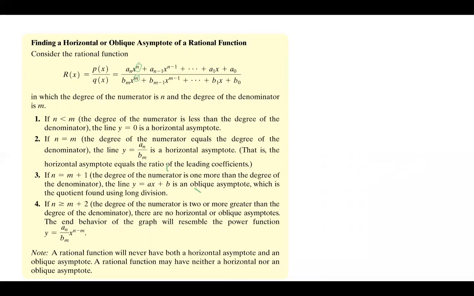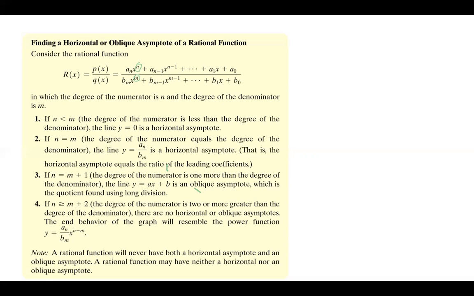If they happen to be the same, then it's the ratio of the two. I got into that in the last video. And if it's 1 bigger, you're going to have an oblique asymptote.